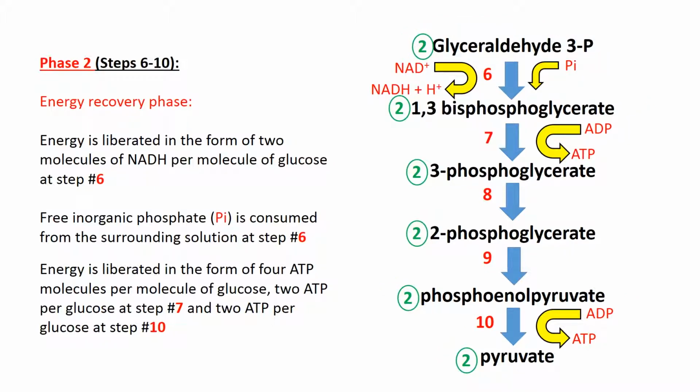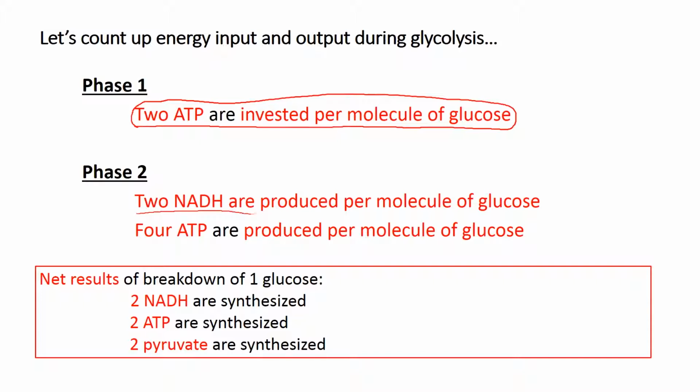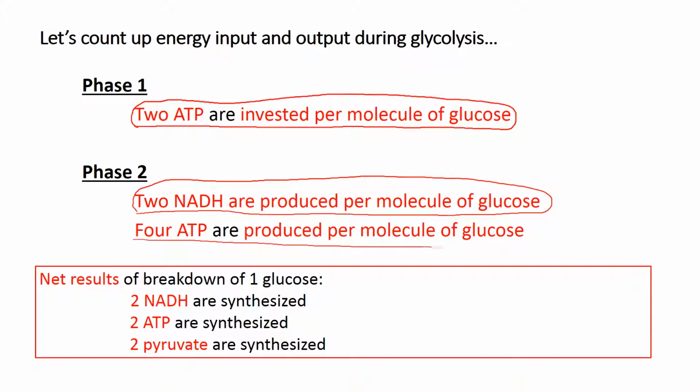So if we do an accounting of the results of phase 1 and phase 2, I showed that 2 ATPs are invested per molecule of glucose during phase 1. And also that during phase 2, 2 NADHs are produced per molecule of glucose, and 4 ATPs are produced per molecule of glucose.